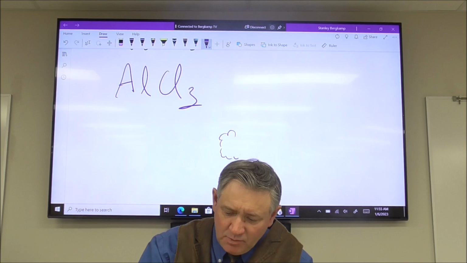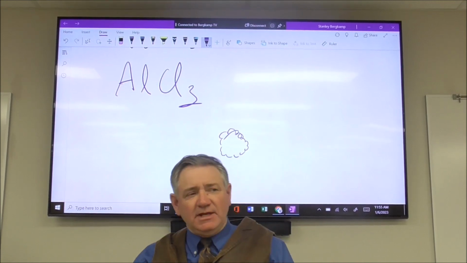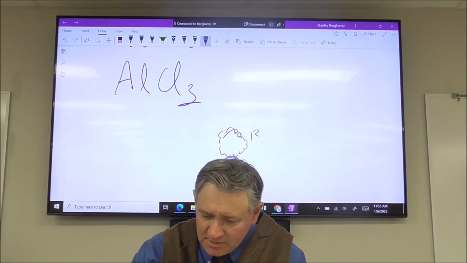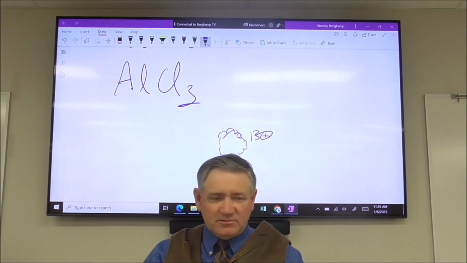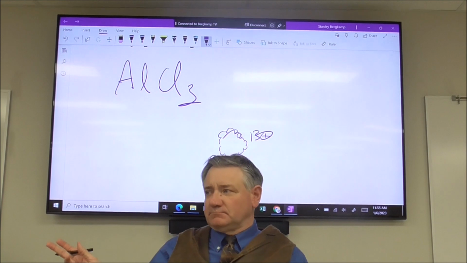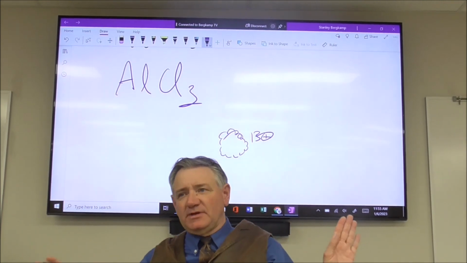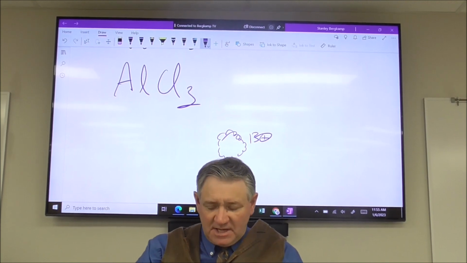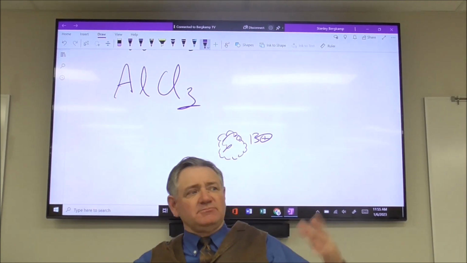So in this chunky, weird, extremely high density nucleus, you've got 13 positively charged particles which don't want to be there. They don't want anything to do with each other because they're all positive charges. So to kind of balance and mediate that, there's some neutrons in there.